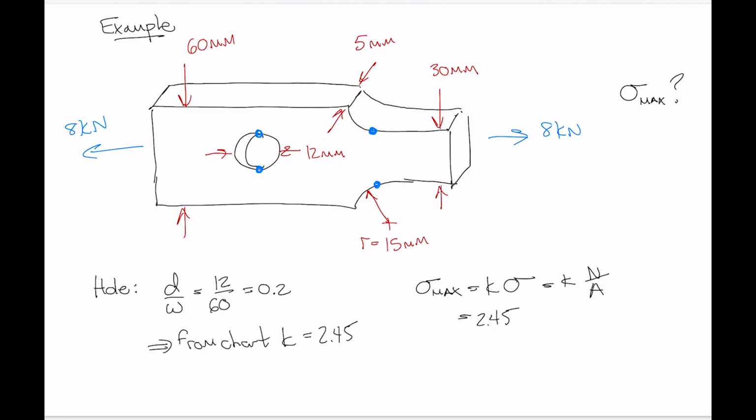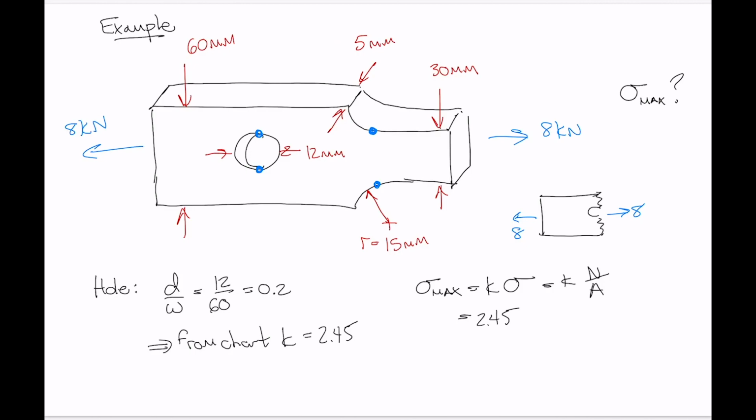Let's draw a free body diagram for what that would look like if we did a section through the hole, just in 2 dimensions. So we've got 8 there, and we'd have 8 kilonewtons on the other side as well.